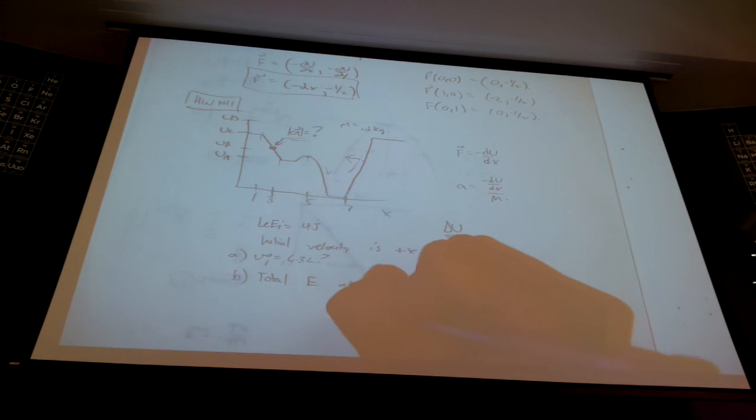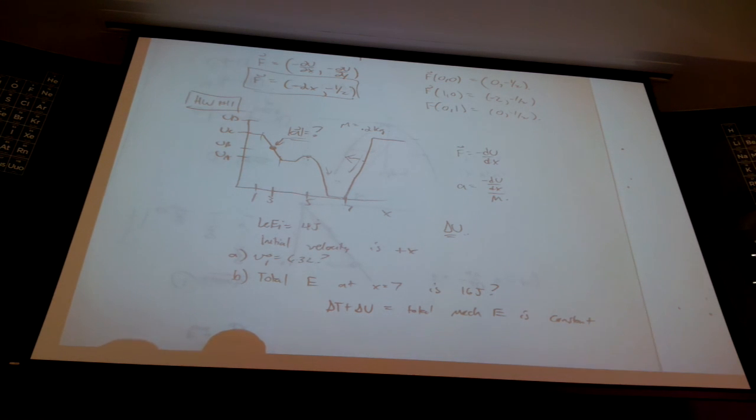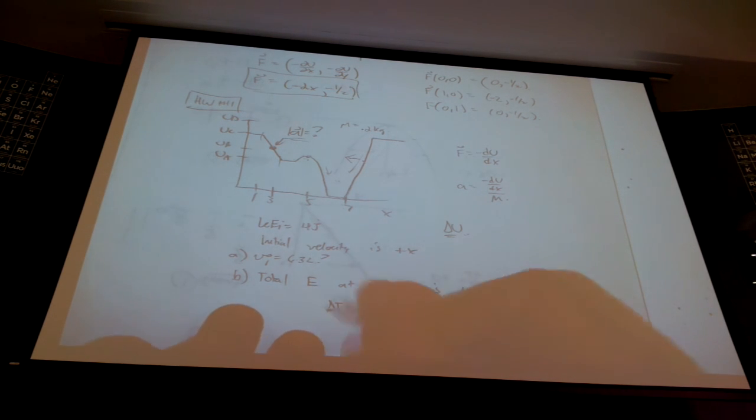So the total mechanical energy is constant and doesn't change. Everywhere it's going to be the same number. So if you know what it is at the beginning, you know what it is everywhere, as long as you don't start pushing it or putting any friction in it. So find out what it is at the beginning.